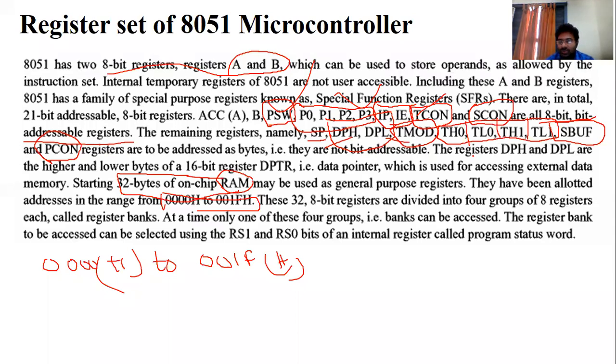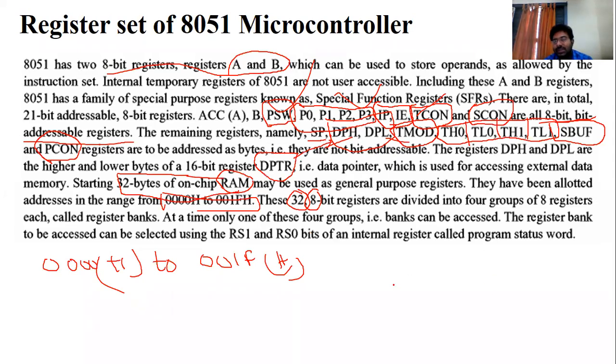So these are the 32 different registers, and the bit size of each register is 8 bits. Otherwise this number would not match 32, because the data pointer register DPTR is divided into two registers called DPH and DPL. That's why it is 32.